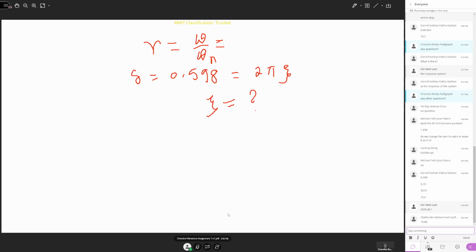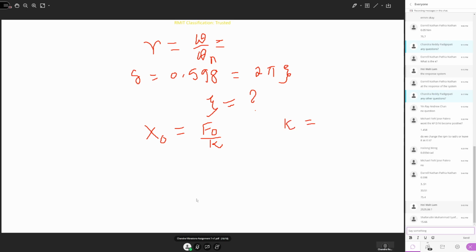Okay, so then you can calculate x naught, the amplitude displacement. So x naught, you can write it as f naught over k. So how to calculate k?